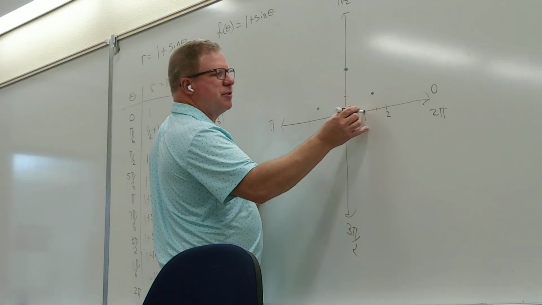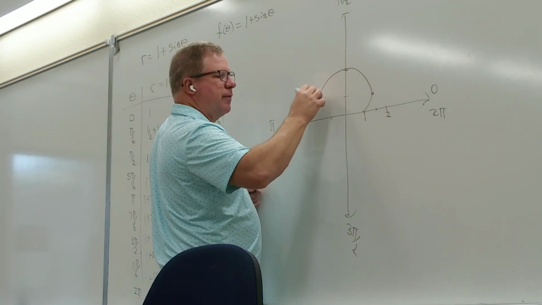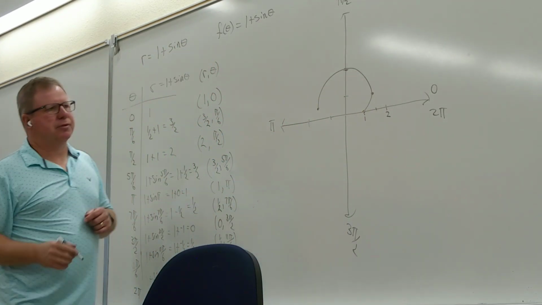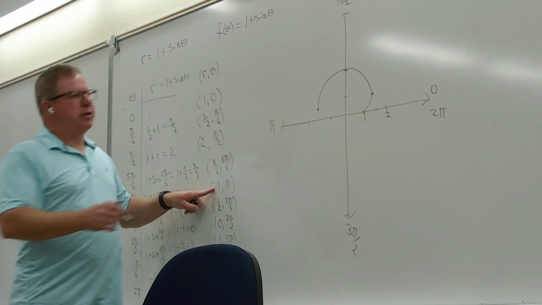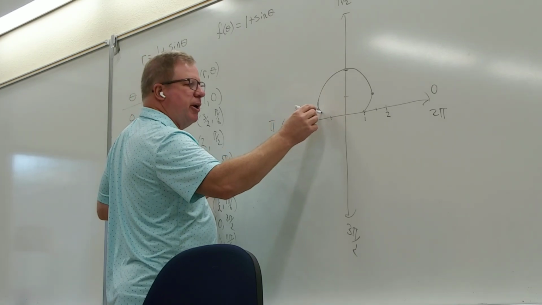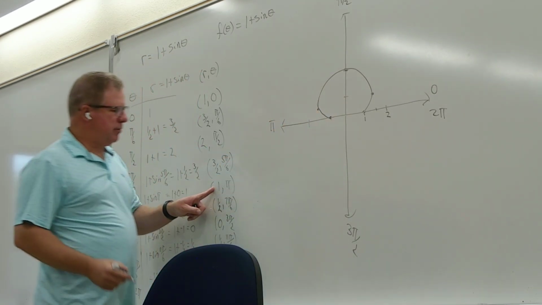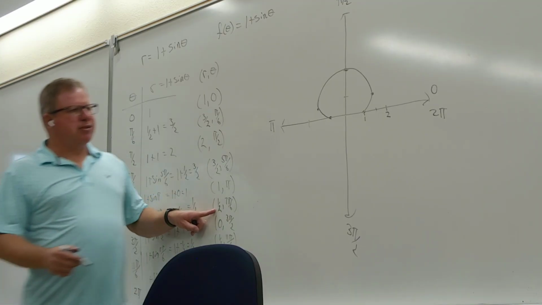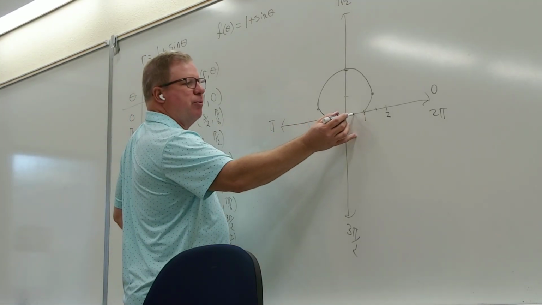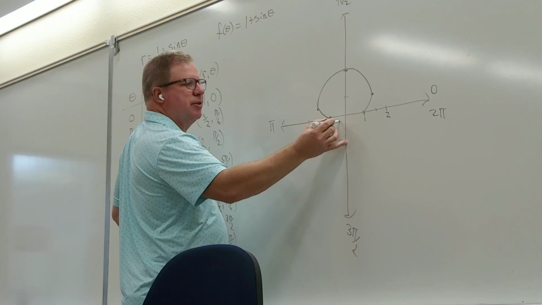So far this graph is doing this. 1, pi, so it's coming back in here. 1/2, 7 pi over 6, so you go out a half, rotate 7 pi over 6.